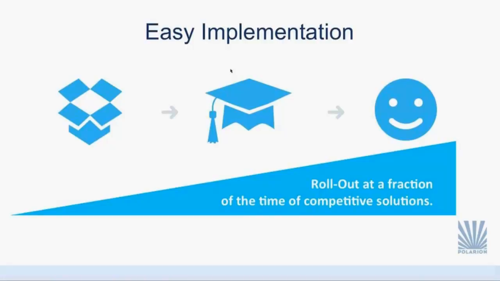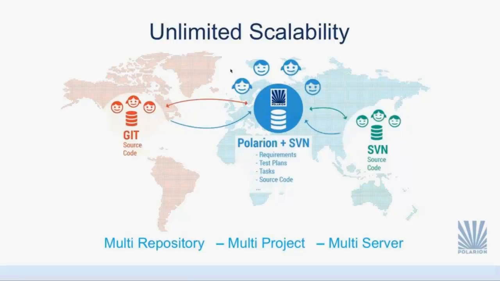Last but not least, scalability. We support large enterprise organizations with thousands of users and projects, accessing the data from all over the world. To enable that, we provide the following concepts. Multi-repository. This means you can separate your projects into multiple repositories with cross-repository management and license sharing. Multi-project.